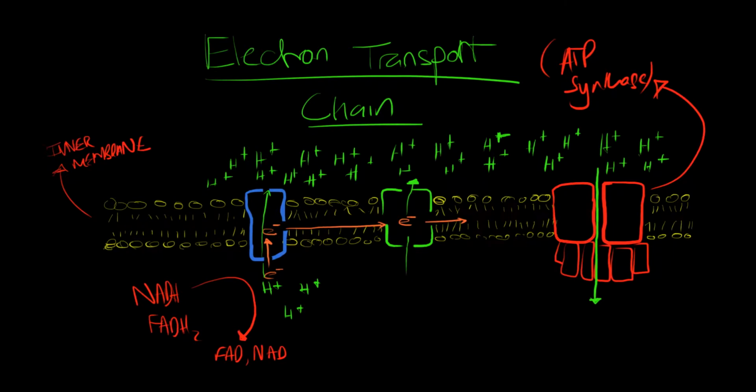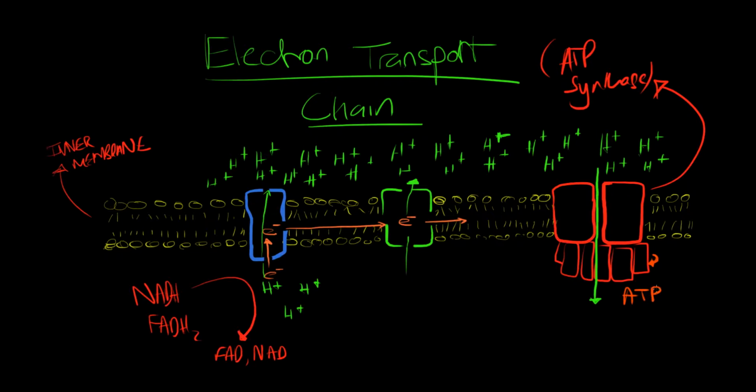It synthesizes ATP. And the way ATP synthase works is it gets energy from the movement of these hydrogen ions down into the matrix of the mitochondria. It uses that energy to drive this kind of rotor. It's very similar to stuff that you see in your day-to-day life in the form of a motor.